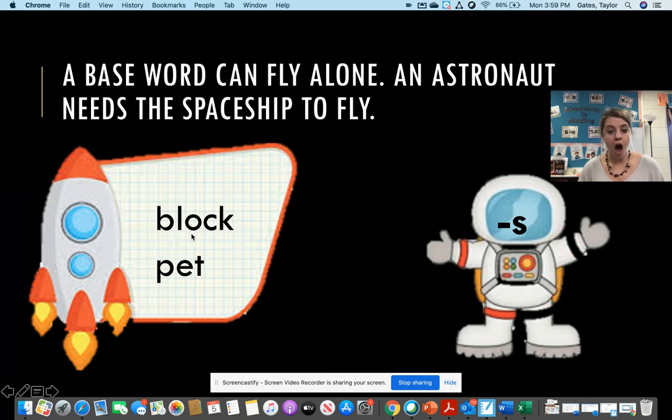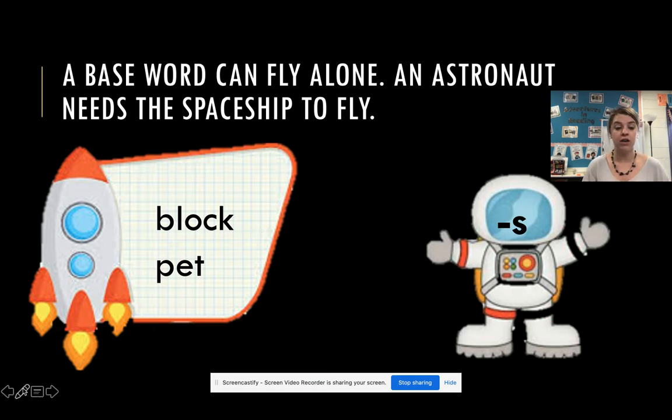Block. That means one block, right? But I can help this space astronaut get into space by pulling it over here. And now my word is blocks. And my astronaut and my spaceship get all the way into space because they work together.